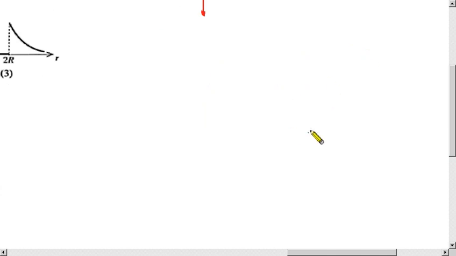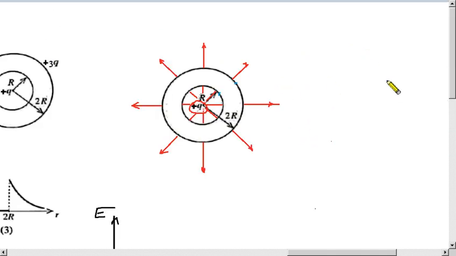So now let us calculate the electric field intensity at this point, at a distance capital R from the center, that means the surface of the inner sphere. So 1 over 4 pi epsilon naught. So we have not taken into account this one.